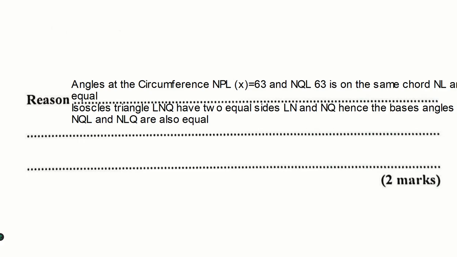The isosceles triangle has two equal sides, and hence equal angles. So they told you that NQL is 63, therefore NLQ is also 63.